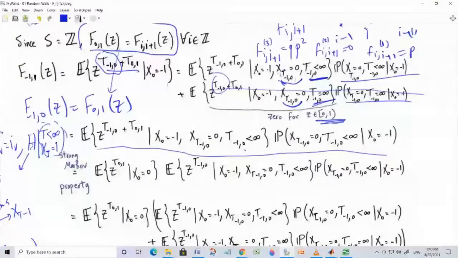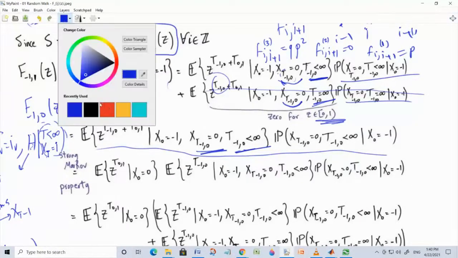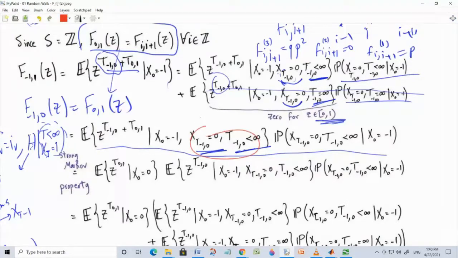The idea of conditioning on basically this guy here is to apply the strong Markov property. And the strong Markov property will tell you that given these, basically you can split, so basically there are things that are future.